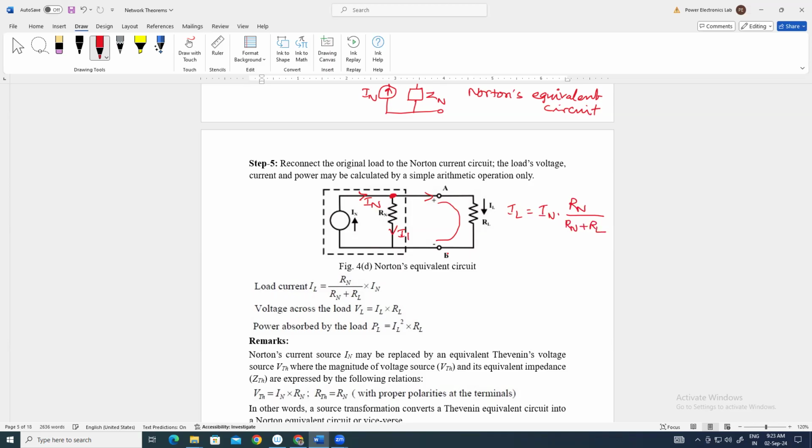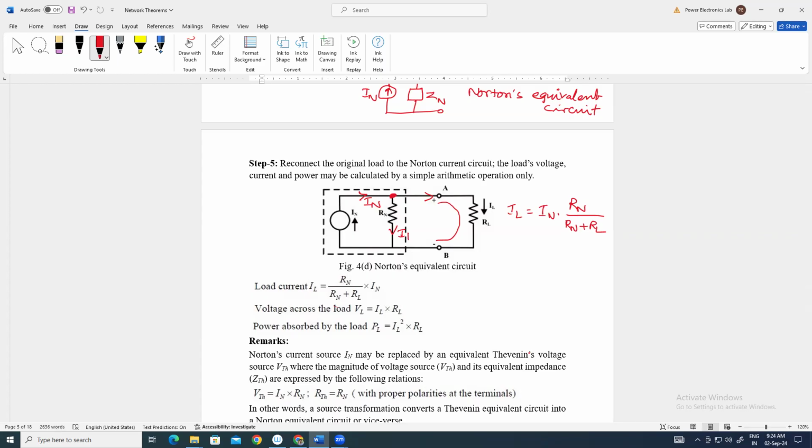So IL is nothing but Rn upon Rn plus RL into IN. According to the current division rule, we can easily calculate the current flowing through the load. Is it clear to all of you? Yes, sir.